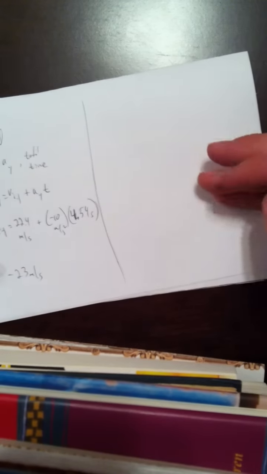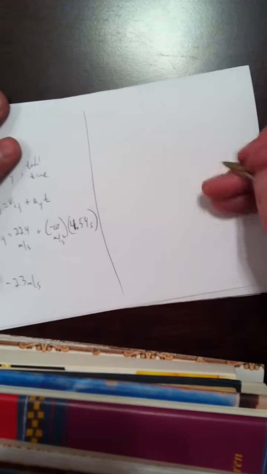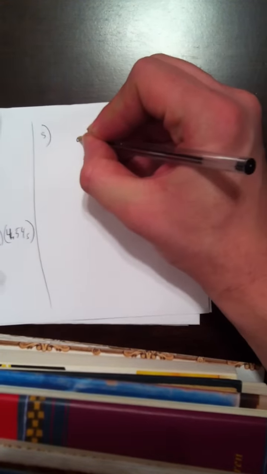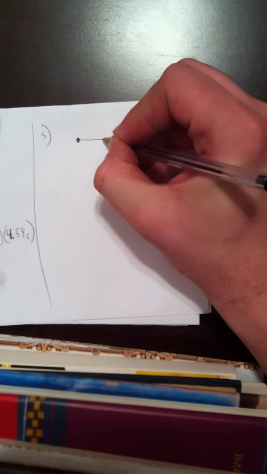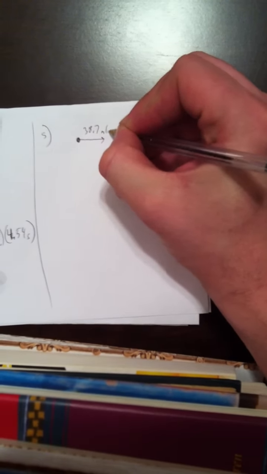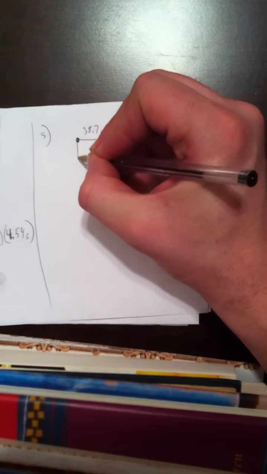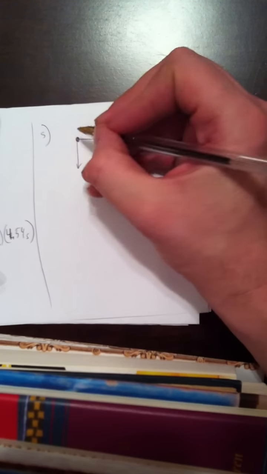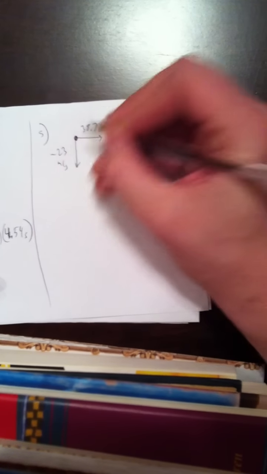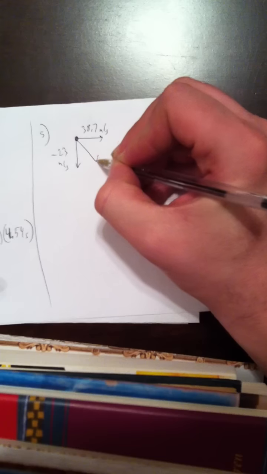All right, so now for question S, it says, what is the resultant velocity at the point of impact? Now, at the point of impact, this ball has a horizontal speed of 38.7. That never really changed since the beginning of this problem. The vertical speed we just solved for is negative 23. The resultant speed is here.